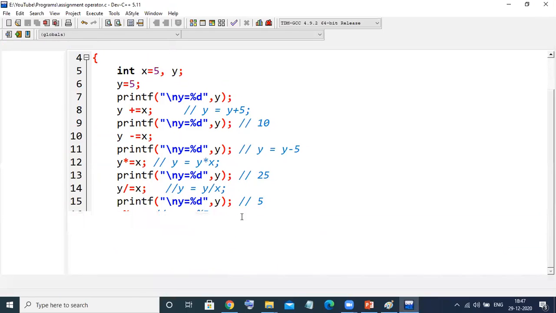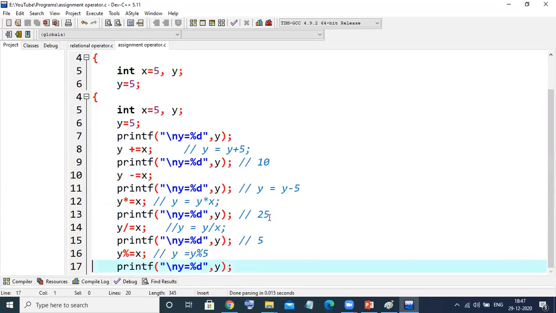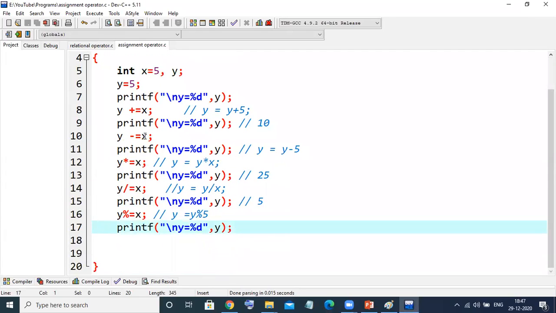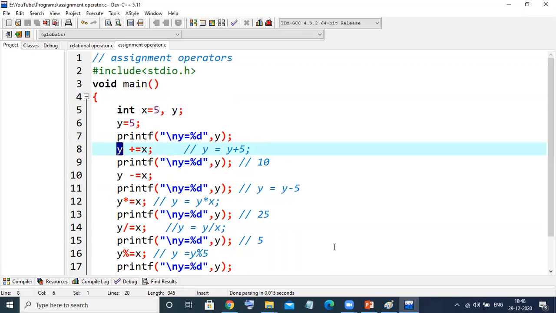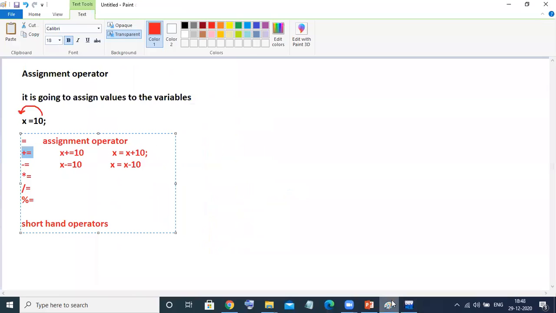Okay, so this is a simple program to demonstrate the assignment operators, how they are used in our programming. These are also called shorthand operators because instead of writing the whole line and repeating this y, it's better to write y only one time by using the shorthand operators. So we have seen two things.